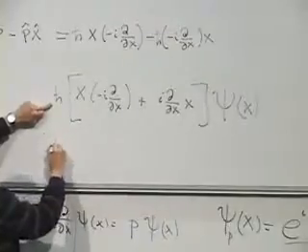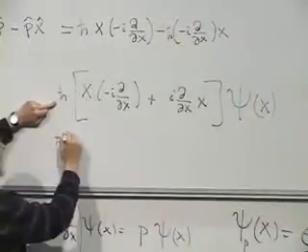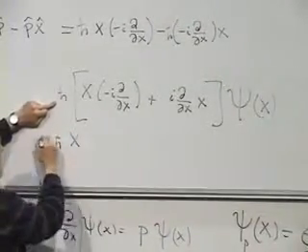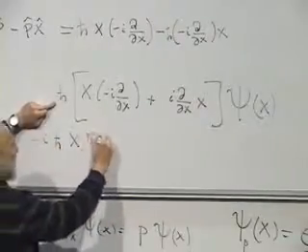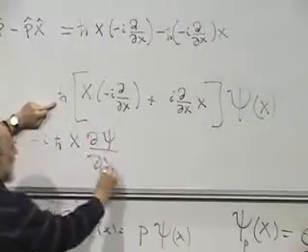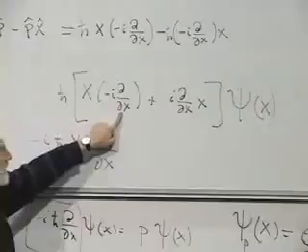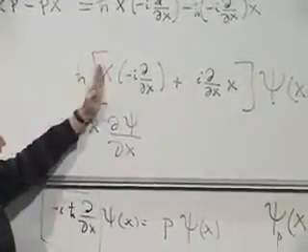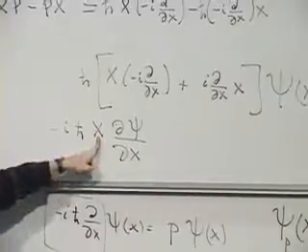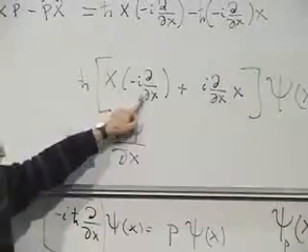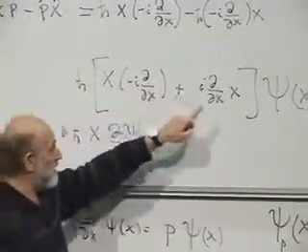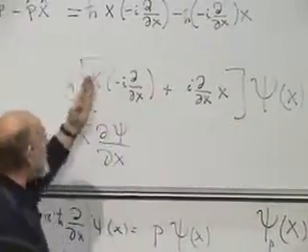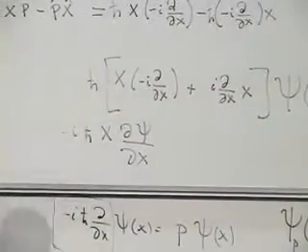First of all, we get h bar, and then this term gives us x times minus i d psi by dx. All I've done here is apply d by dx to psi. The x is to the left, so it doesn't get differentiated. Only the psi gets differentiated, and then we multiply it by x.